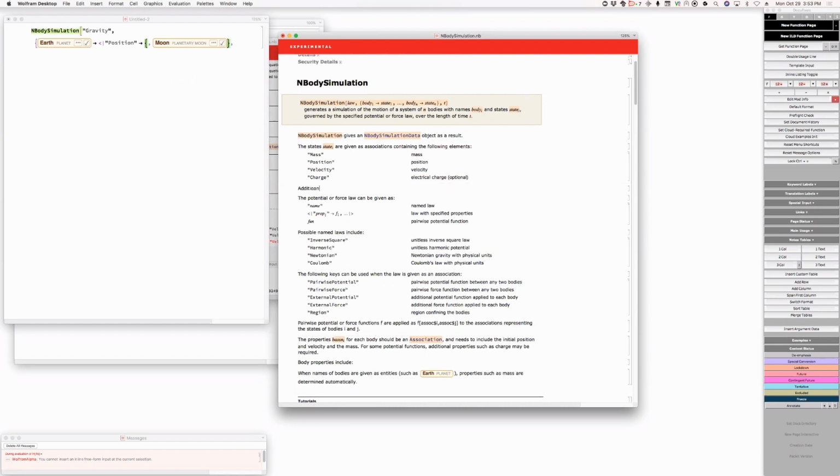Additional elements used by particular potential force laws can also be included.